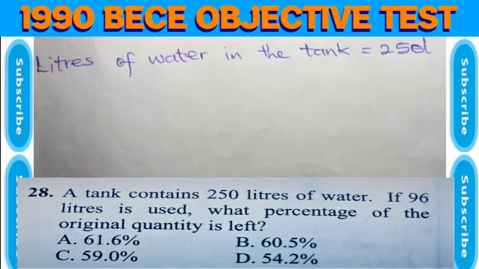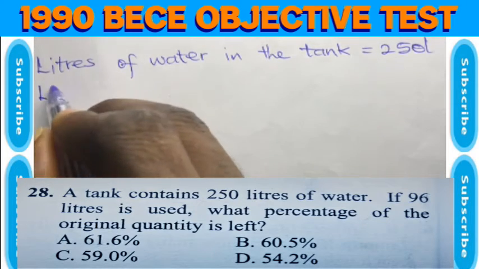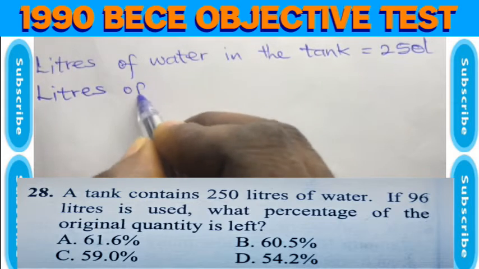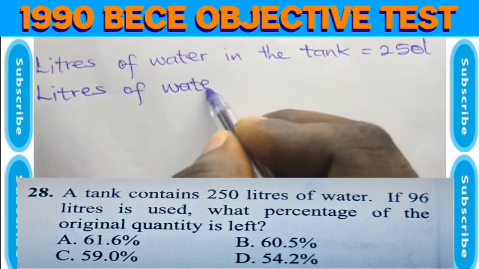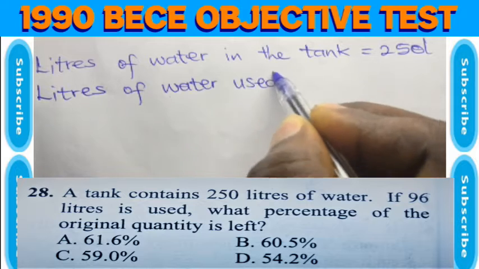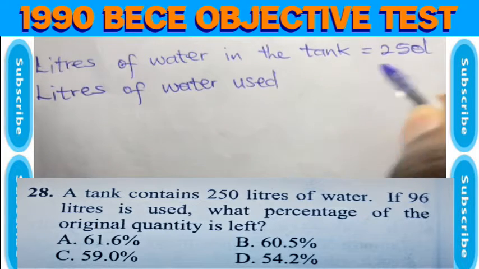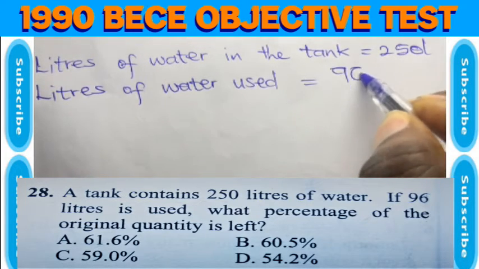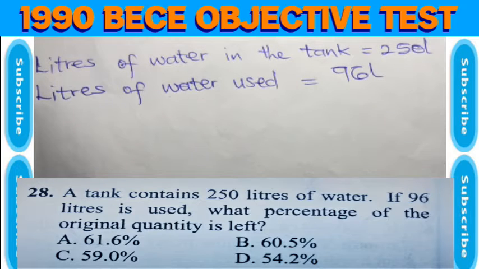And then liters of water used, we have it to be 96 liters. So we are finding the percentage of the original quantity left.